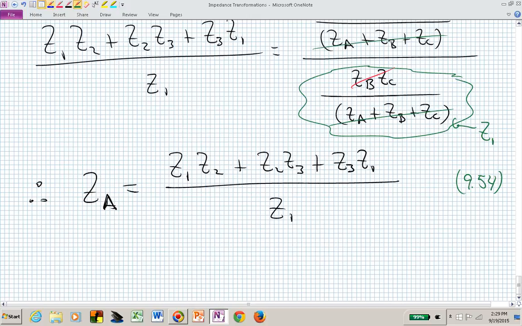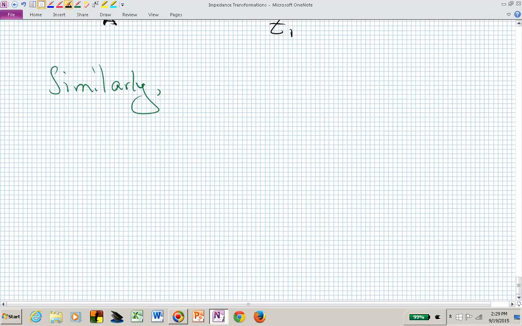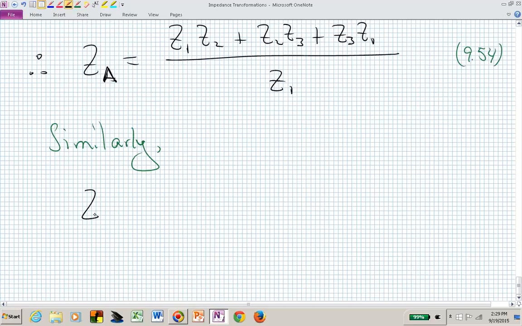And similarly, then, we can derive the other two relationships. The B impedance, which is now Z sub B, we just know that we're always going to have in the numerator this sum of pairwise products.